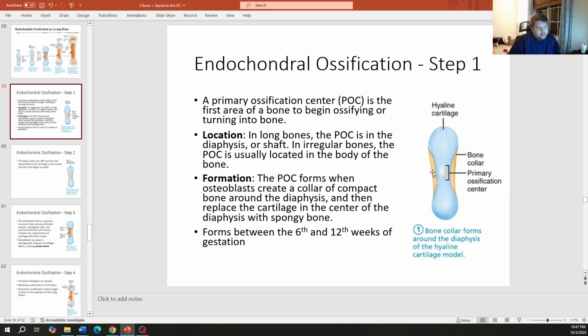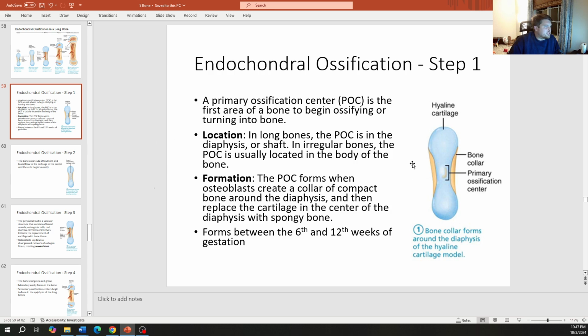So around that 8-week mark, somewhere between the 6th and 12th weeks, you get the formation of a bone collar around the diaphysis, okay? This would go all the way around, all 360 degrees of the bone.